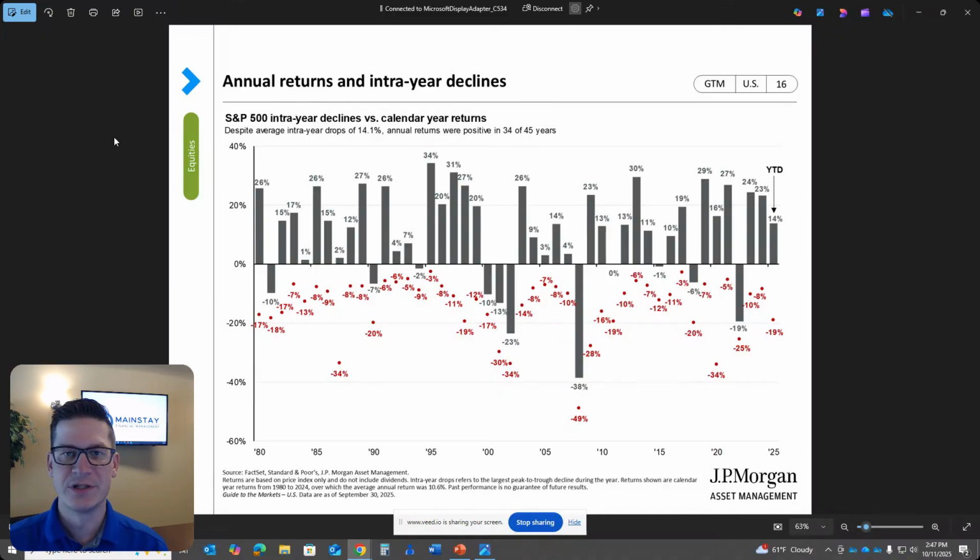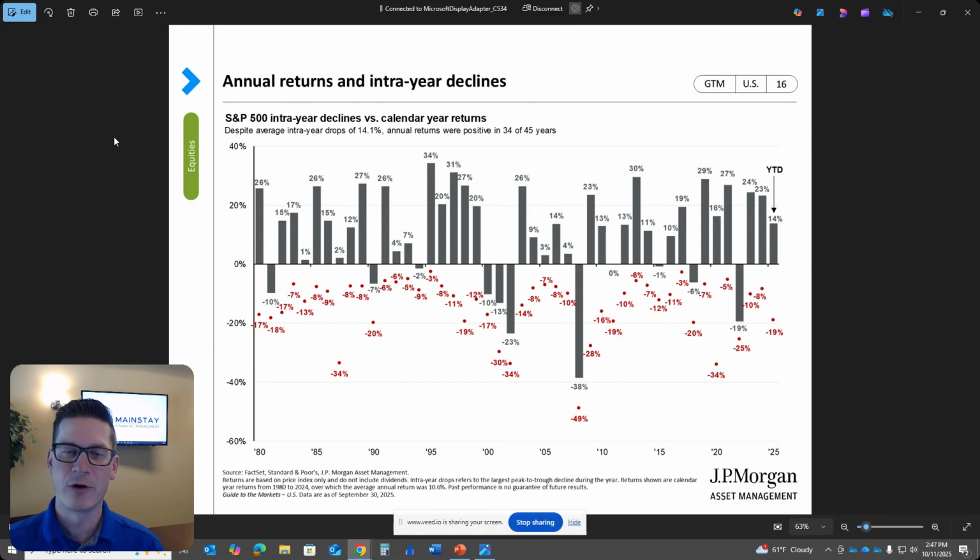It's October 2025, and we're going to take a deep dive into market volatility. The reason for this is obviously right now I'm recording this on Saturday, October 11th. The market finished down quite a bit on Friday, and over the weekend, it looks like market futures are going to be very volatile.